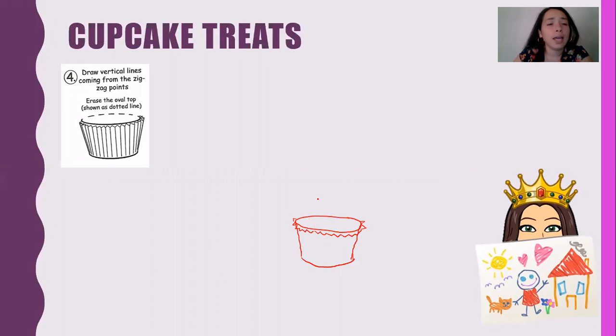Now, once you've done that, draw vertical lines coming from the zigzag points. So from each zigzag point, I touch the end of the zigzag and make a line down. At the bottom point of each zigzag, that's where you draw your line. While you do that, I'm going to go ahead and redo mine.